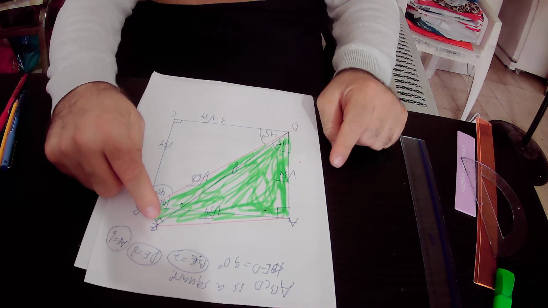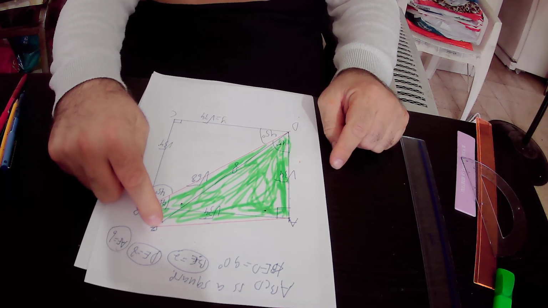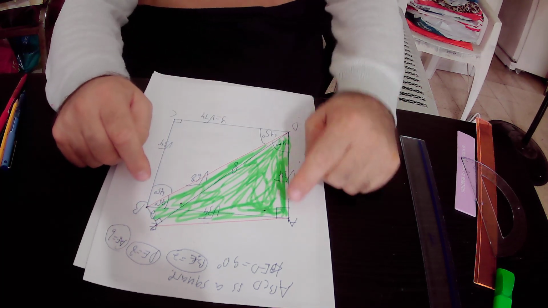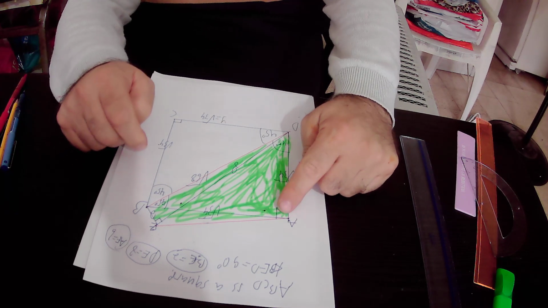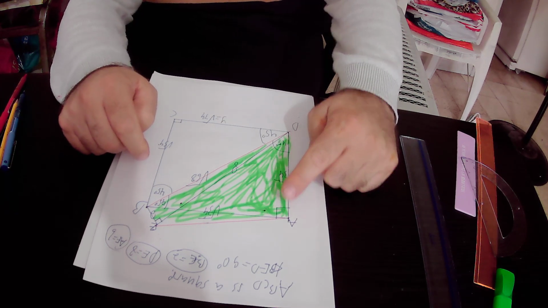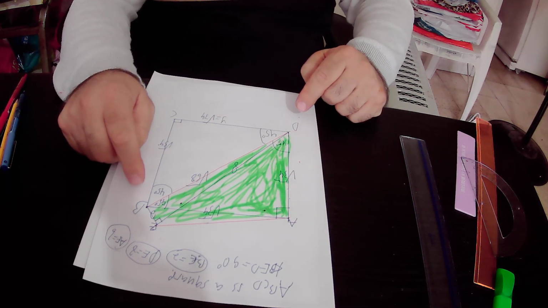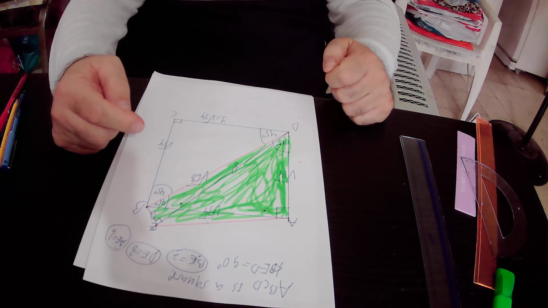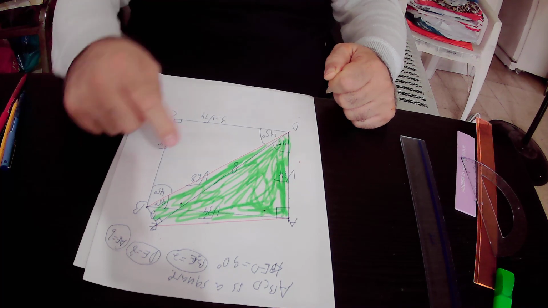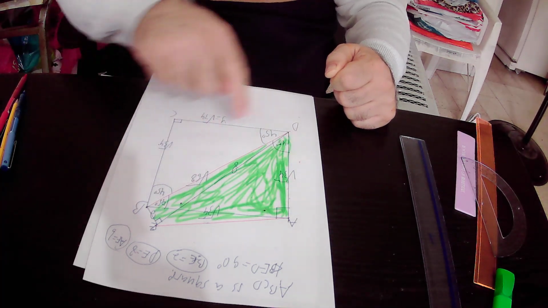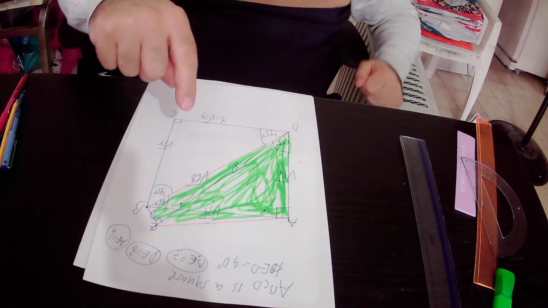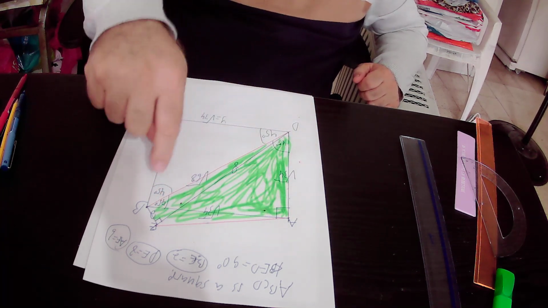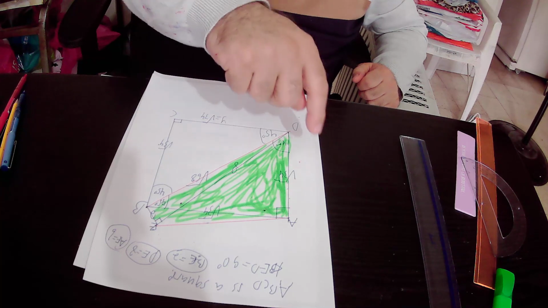As you can see, this angle BED that equals 90 degrees rests on line segment BD, and this angle BAD that also equals 90 degrees rests on the same line segment BD. Therefore, according to rule number 2, the quadrilateral AEBD in the green color is inscribed by a circle, and the 4 points A, E, B, and D rest on that circle.